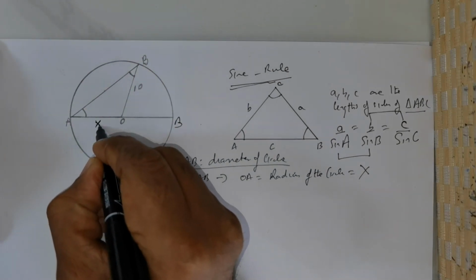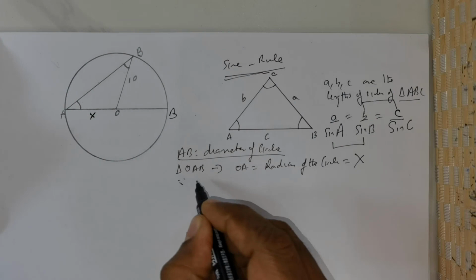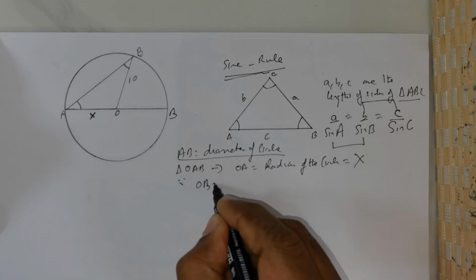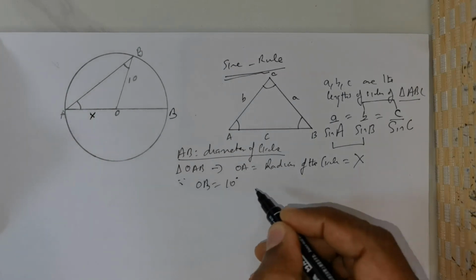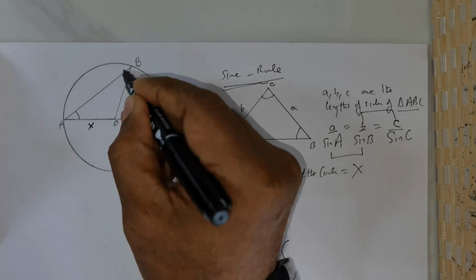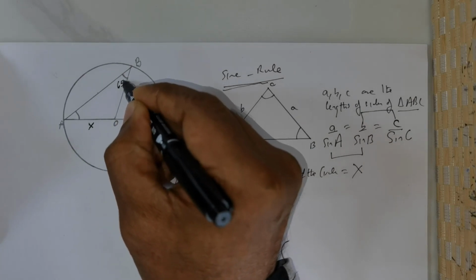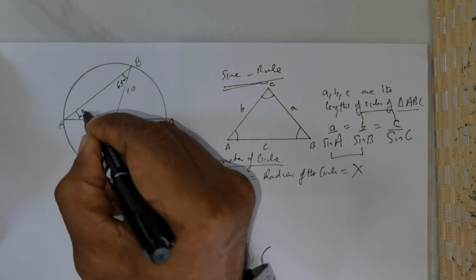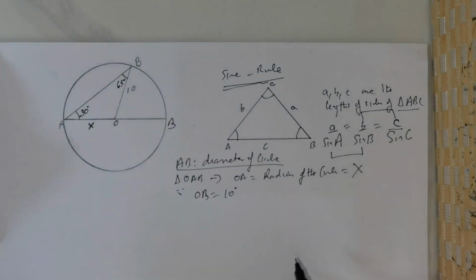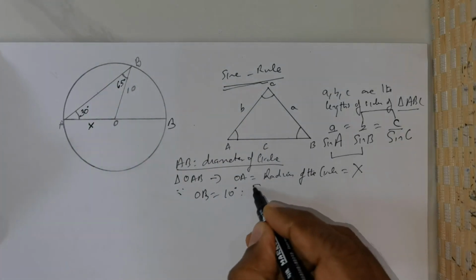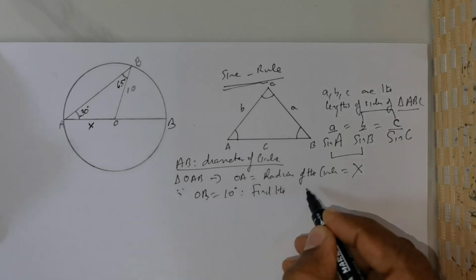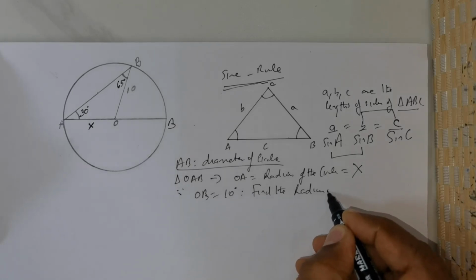I am taking it as x. Now we are given that OB is equal to 10 units. Now the angle at B is given as 65 degrees. The angle at A is given as 30 degrees. Now we have to find the radius of the circle.